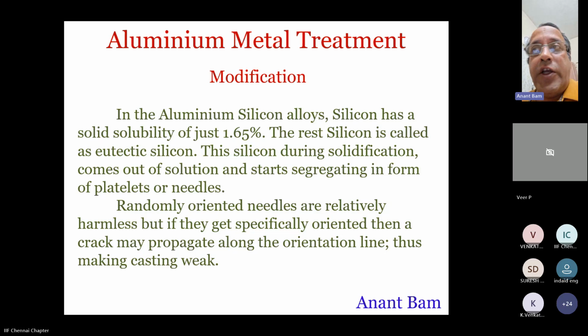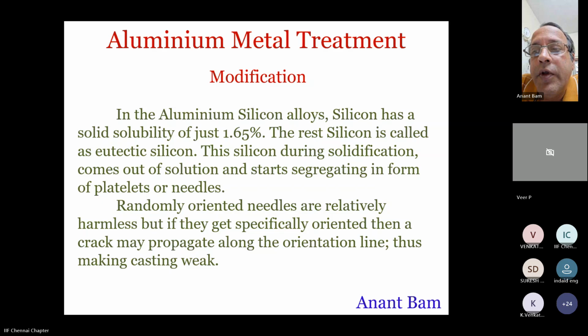What is the nature of silicon? It is hard and brittle. What is the nature of alpha? It is soft and ductile. So as long as there is a uniform mixture, with uniformly distributed hard particles in the soft matrix, you get a tough metal.